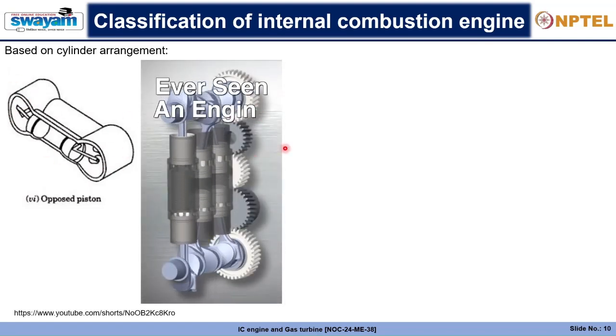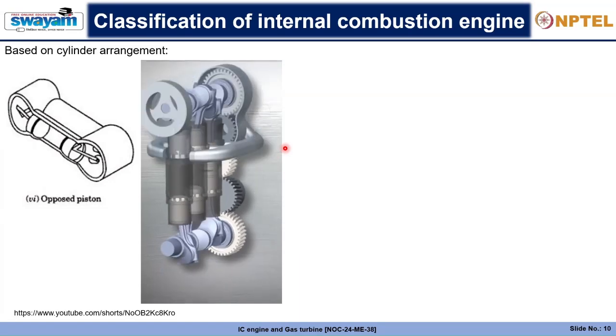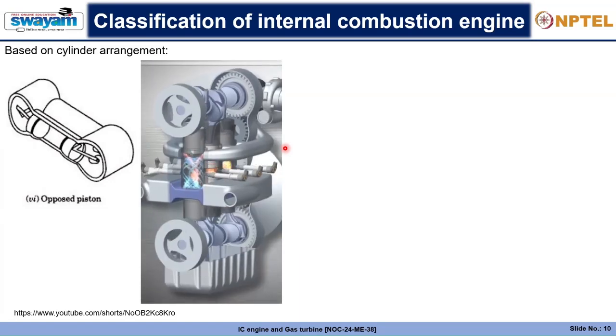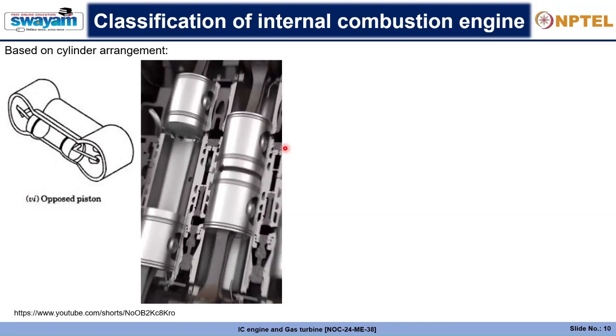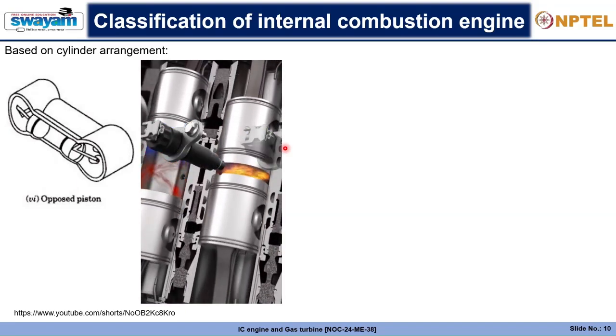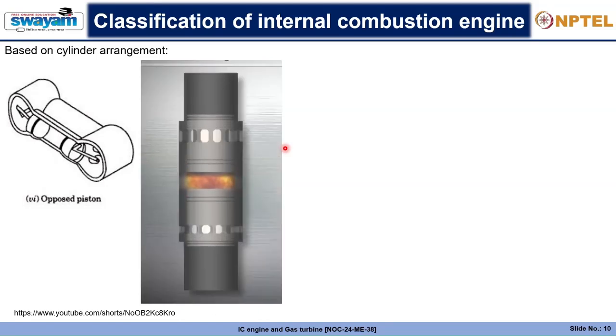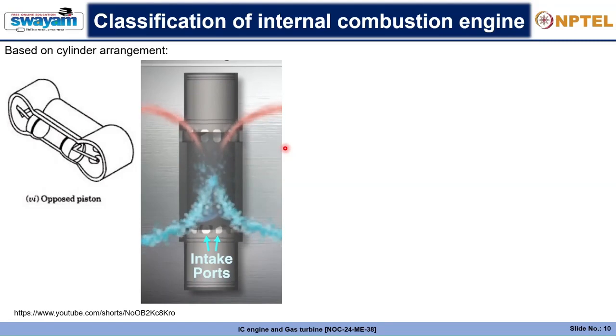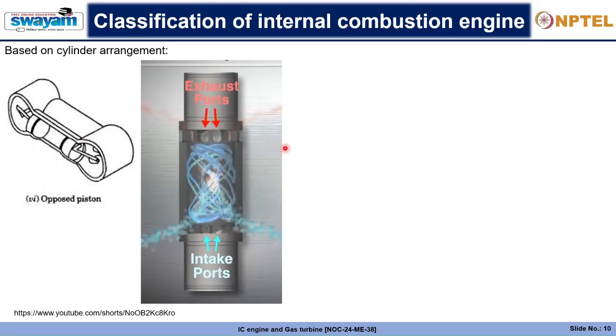You've probably never seen an engine like this, despite the technology being over a century old. Opposed piston engines, like this one by Acades Power, operate similarly to two-stroke engines. When the pistons reach their respective bottoms, fresh air flows in from ports at the bottom, while exhaust is rejected through ports at the top.